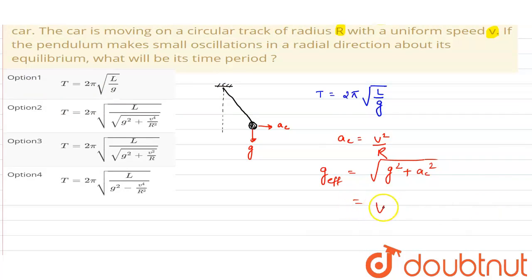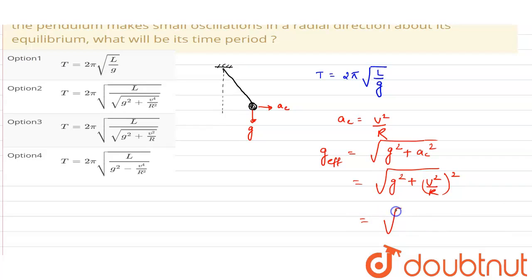So it will be under root of g square plus v square upon r whole square, so it will be under root of g square plus v raised to the power 4 divided by r square.